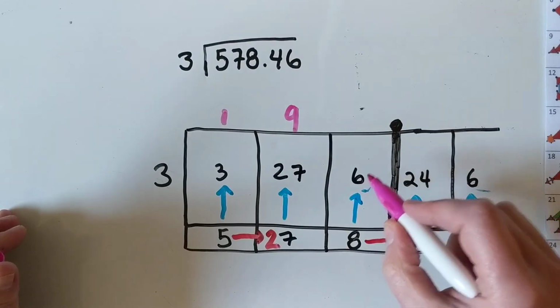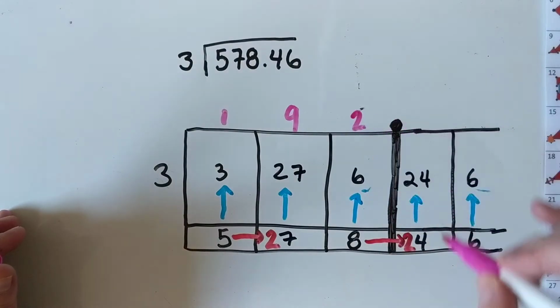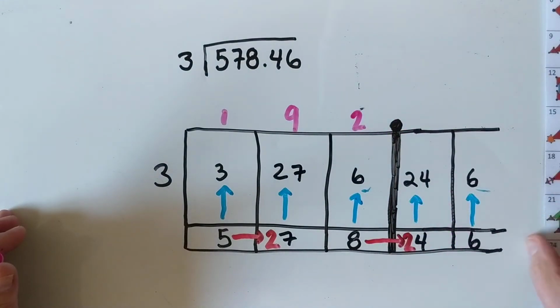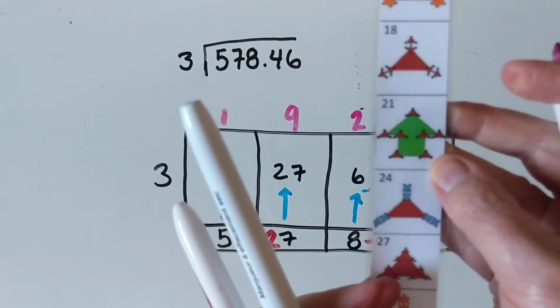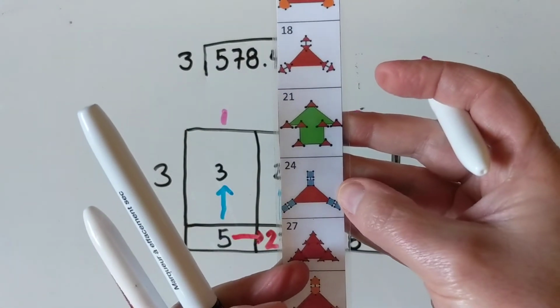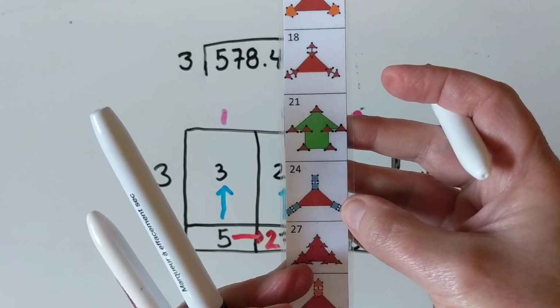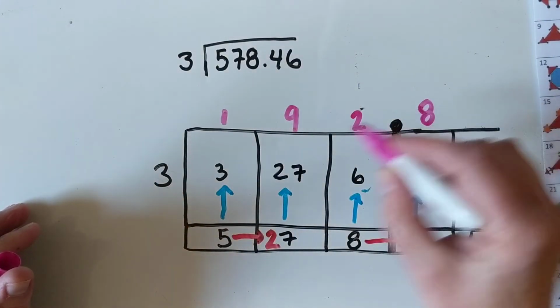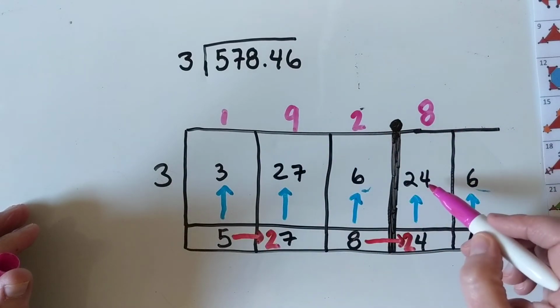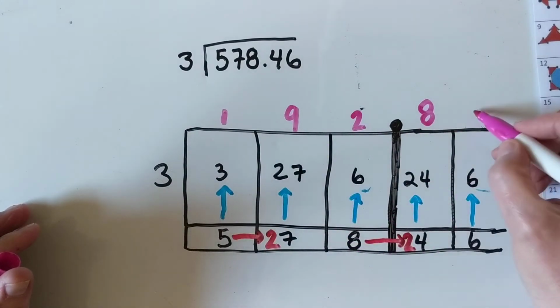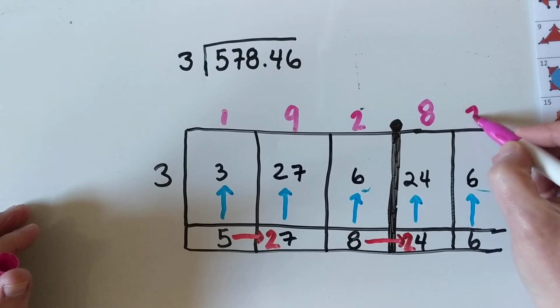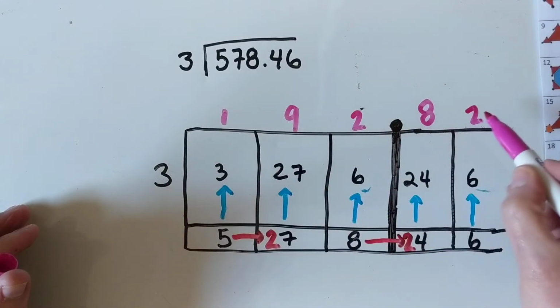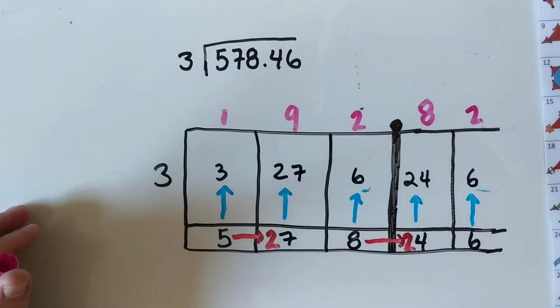Okay, 6, I can make 2 groups of 3. 24, let's say once again, I don't know. So I can go to here, and I see 3 groups of 8s on the corners. So I know 3 times 8 equals 24, and then finally 6 can be grouped into 2, which makes sense. 3 times 2 equals 6.